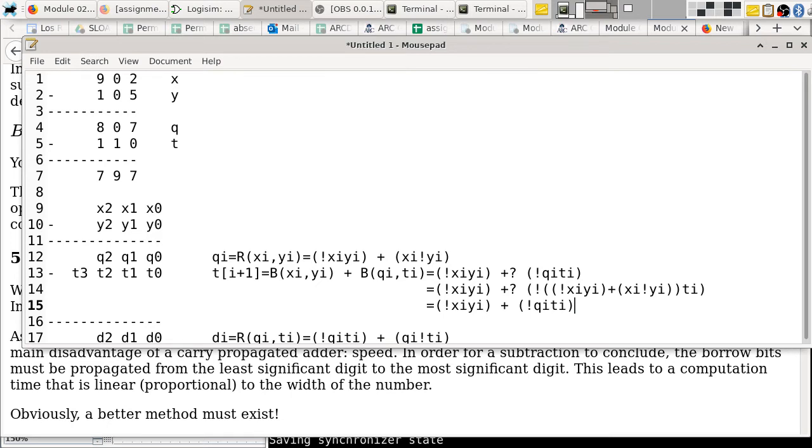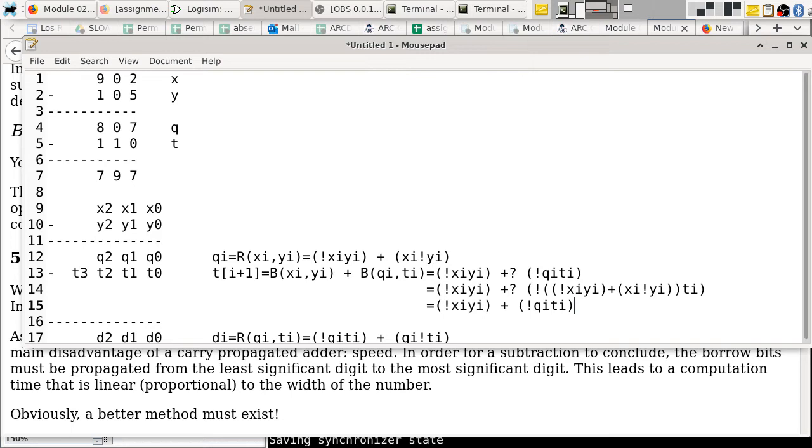When we had carry, it would just be xi, yi without the negation of xi. It would just be qi, ti without the negation of qi. With subtraction, we have just that additional negation to the first part of the conjunction. That is the only difference between addition and subtraction from the perspective of a binary implementation or logical implementation.